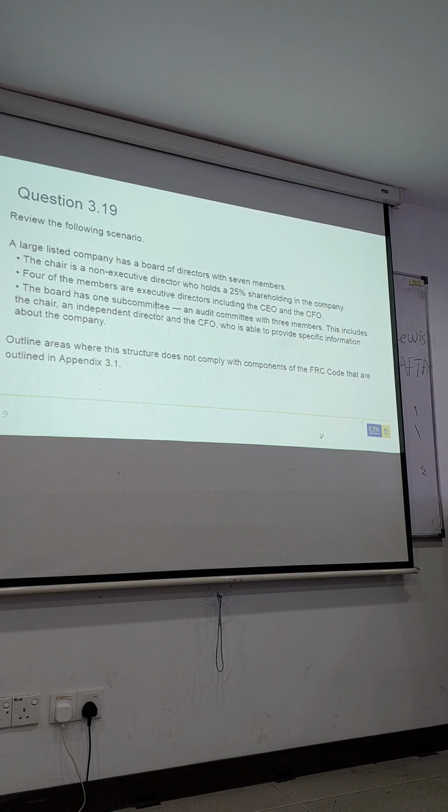Let's recap what we discussed last week, just to refresh our understanding. Okay, 3.19, referring to UK FRC, the chair is not independent because of holding significant shareholding, provisions 9 and 10, right?